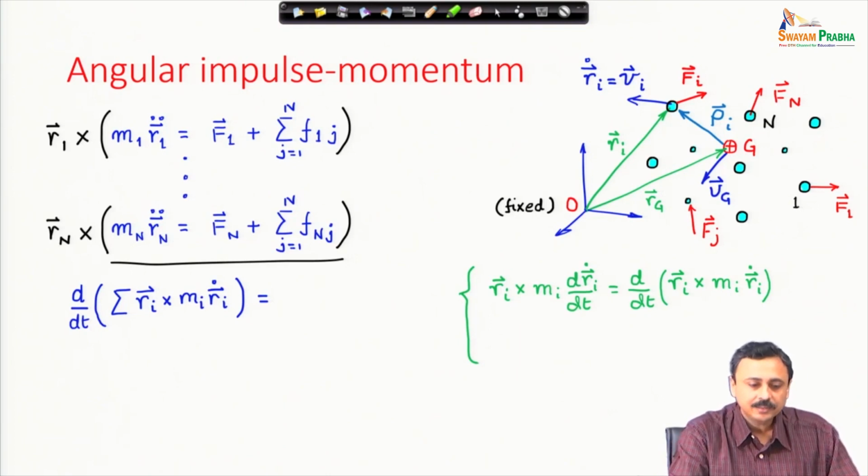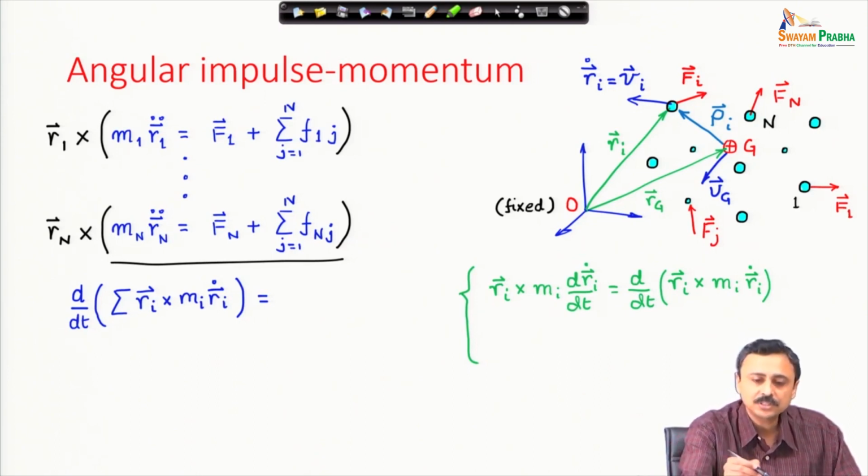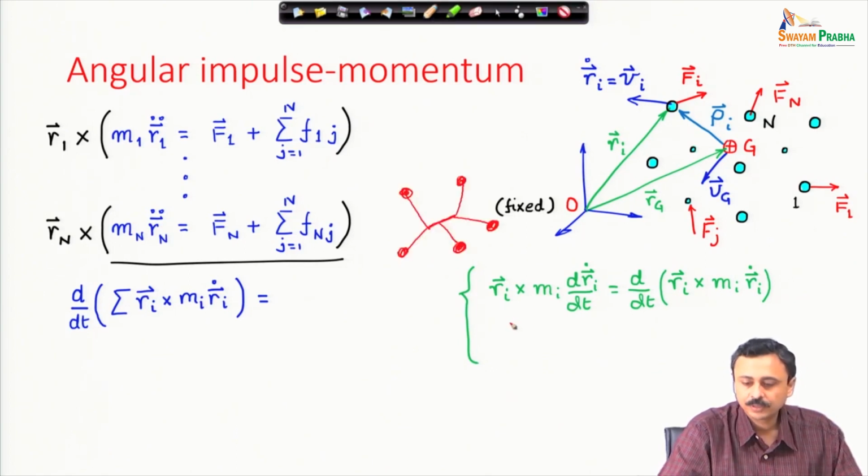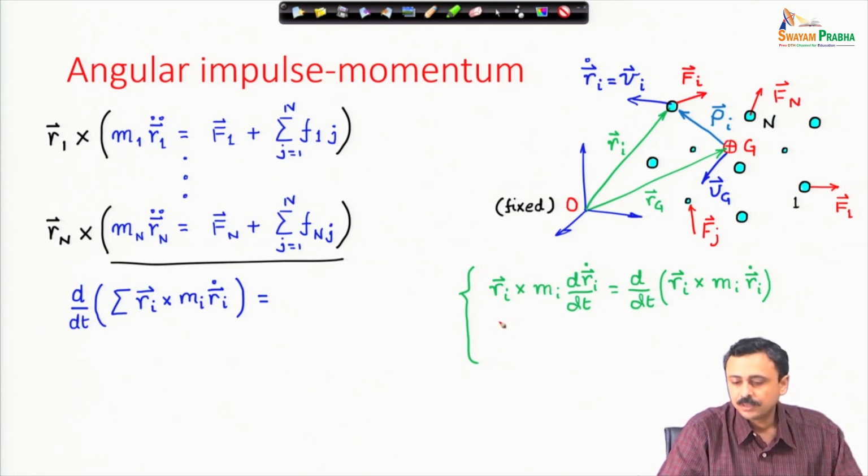I can write the left hand side simply as d/dt of the summation of r_i cross m_i r_i dot, and this follows from a step which we have seen before, that r_i cross m_i d/dt of r_i dot is d/dt of r_i cross m_i r_i dot. Now, why?